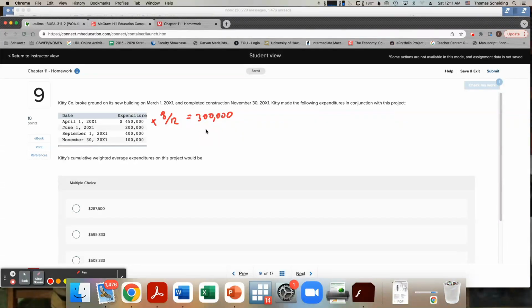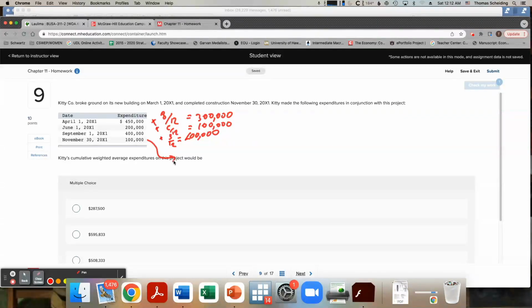June 1st, so that's 6/12, 6 months away. 200,000 times 1/2 is 100,000. September is September, October, November, so 3 over 12, or 1/4. 400,000 times 1/4 is also 100,000.